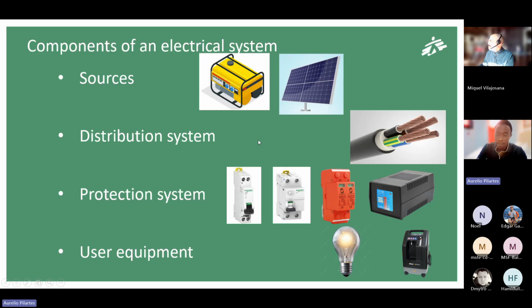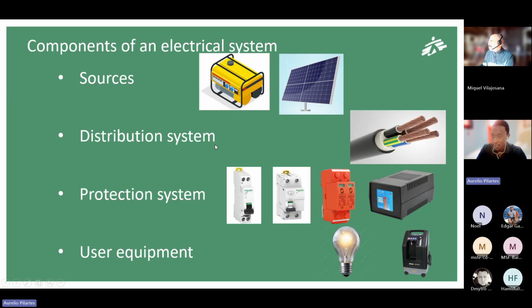So the sources, which were part of the first module, are power generators or solar modules, and could also be the grid, batteries, and things like that. The sources that we use in MSF are there to produce the electricity that we need for our activities.